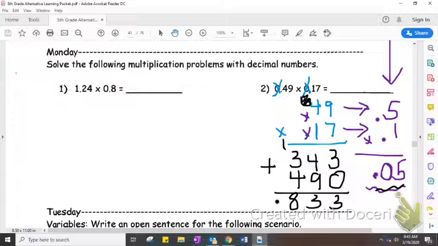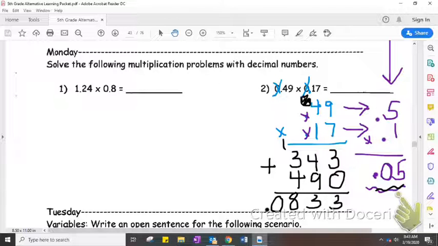Here, 833 thousandths. Still not close to 5 hundredths. I'm going to have to put a 0 here and then put the decimal point. 833 ten thousandths. Let's just focus on this 8. 8 hundredths is pretty close to 5 hundredths. So I know that's how I got the answer.